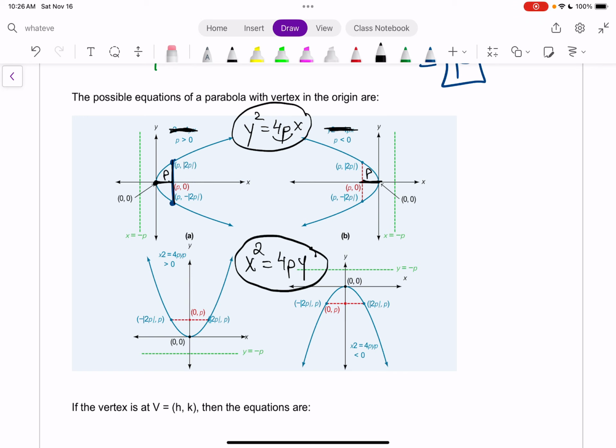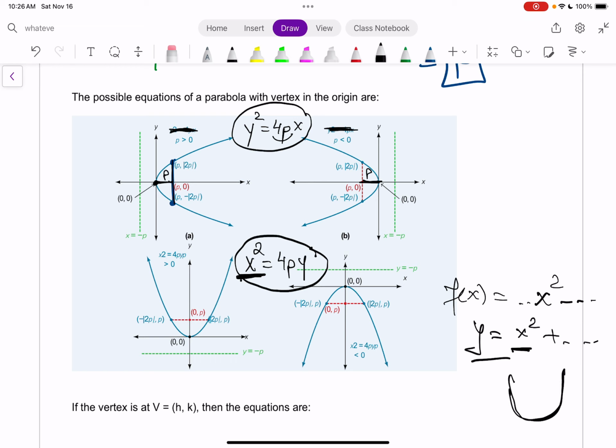Now, if x is the one that's being squared, then you get a regular quadratic function. Yes, f of x is something x squared plus something else, and so on. So y equals x squared is our parabola.